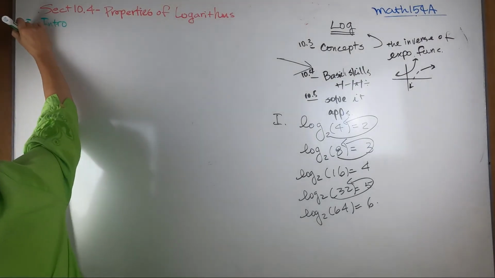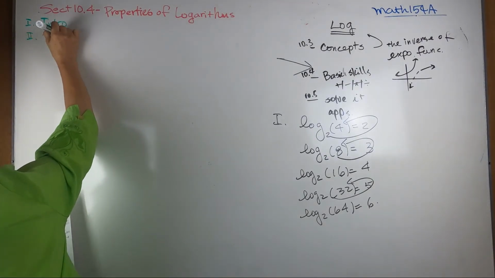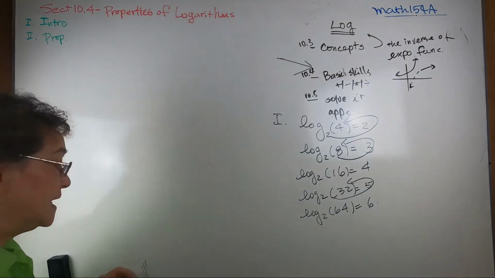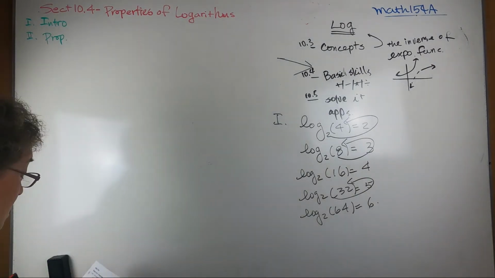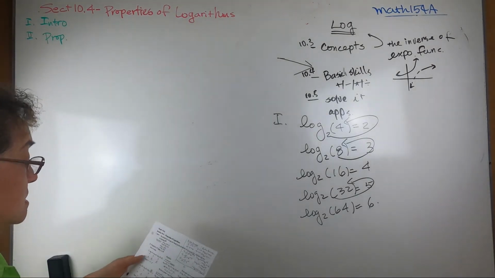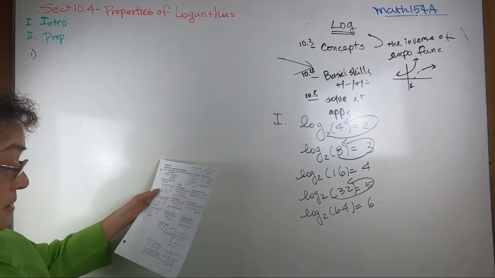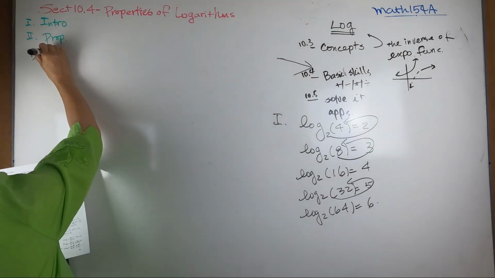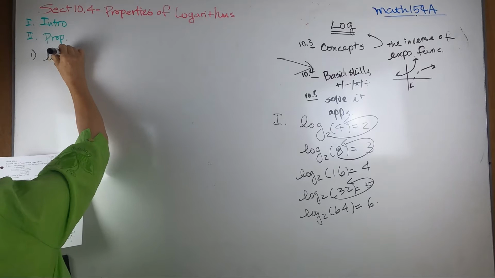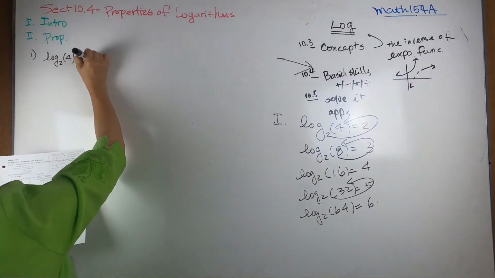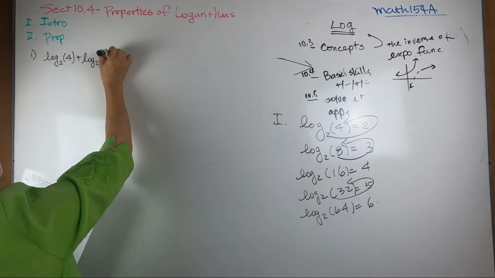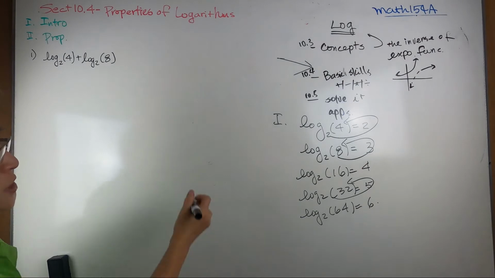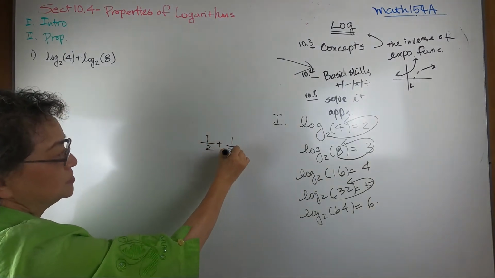Then let's see what kind of properties we are going to talk about, and how we are going to add, subtract, multiply, divide all those logs. So let's look at your example on page 38. Let's see some samples. If I have log 2 of 4 and log 2 of 8, it's like fractions, 1/2 and 1/3.